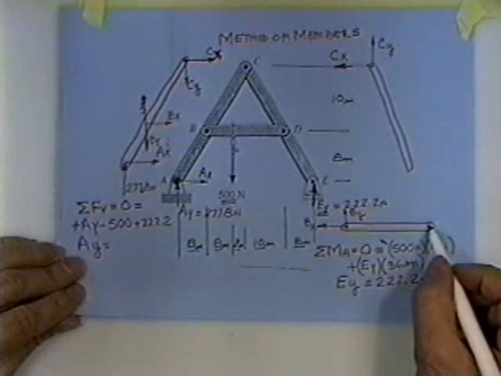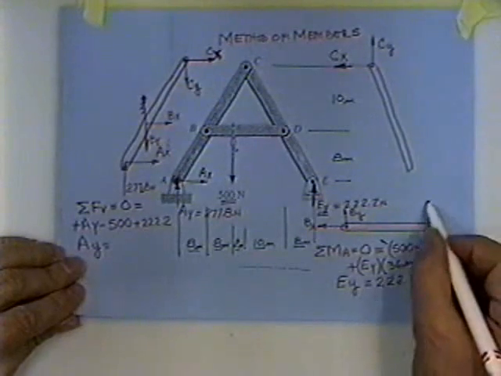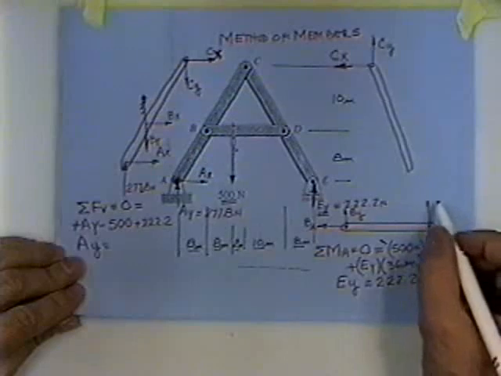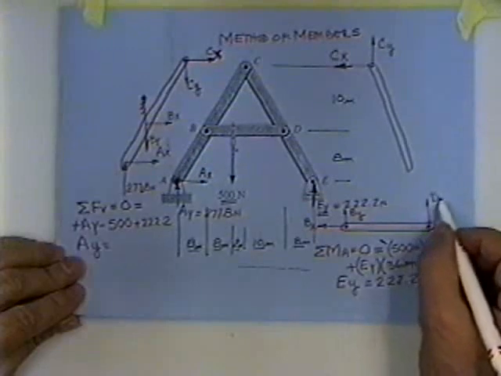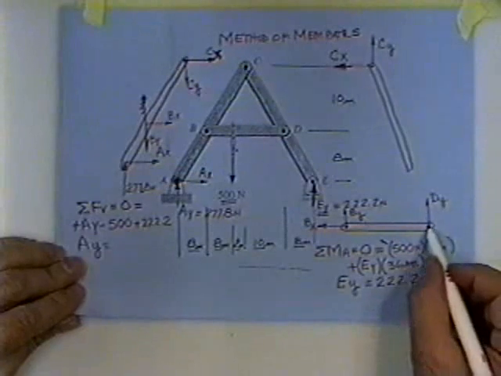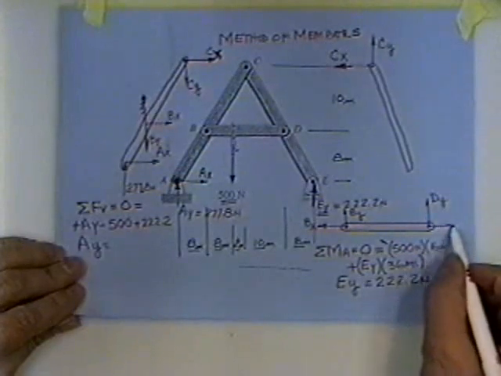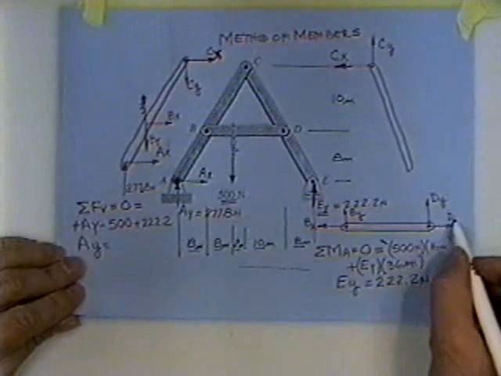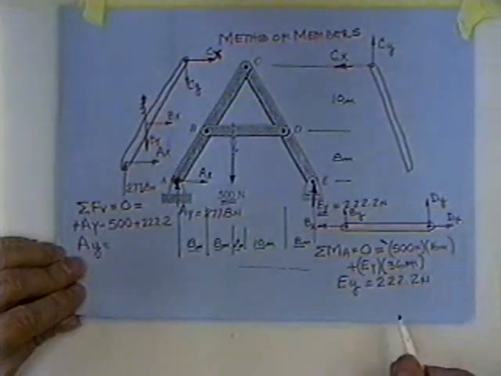True or false? Any way you like. That's good. You're not committed to a direction yet. I choose to draw it up just because I dang well please. But I don't have to. And I'm going to show DX horizontally to the right just because I feel like it.